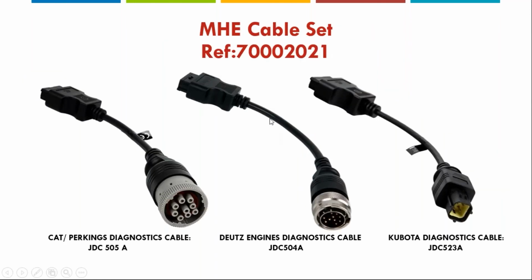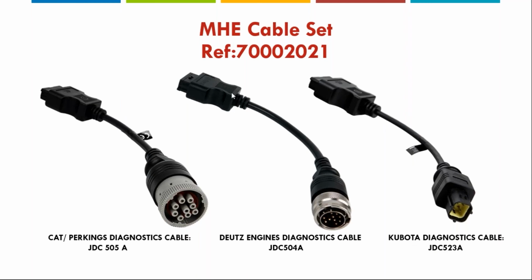But these are not all the cables. Of course, we have cables from before, but we have made a selection of those for you. With the reference 7000 2021, we have an MHE cable set that will include the 505, the Cat Perkins connector, the 504, the Deutsch, and also the 523, the Kubota.